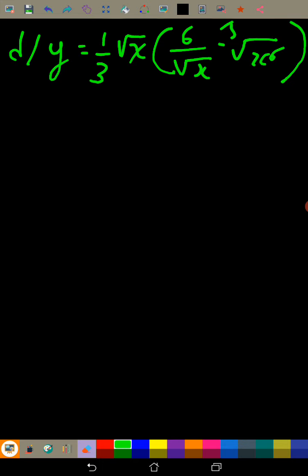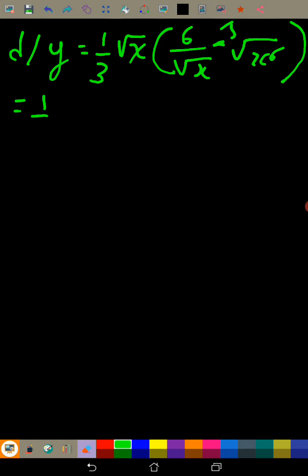So we have this equation, we have to differentiate it, and so we have this bracket here, we have this minus here, so it's cubic root, square root, and we can rewrite everything, of course. That's what we should do.